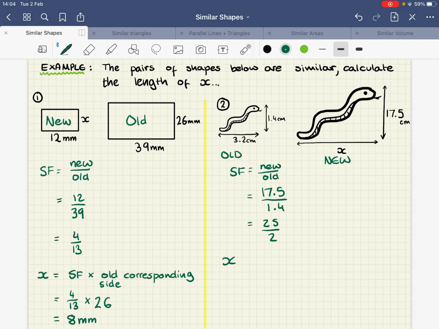So then my x, taking that scale factor, multiplying it with its old corresponding side. So the x is at the bottom there, and at the bottom here is 3.2. And so that just comes out to 40. So 40 centimetres. So that's just a basic similar shape, how to use the scale factor.